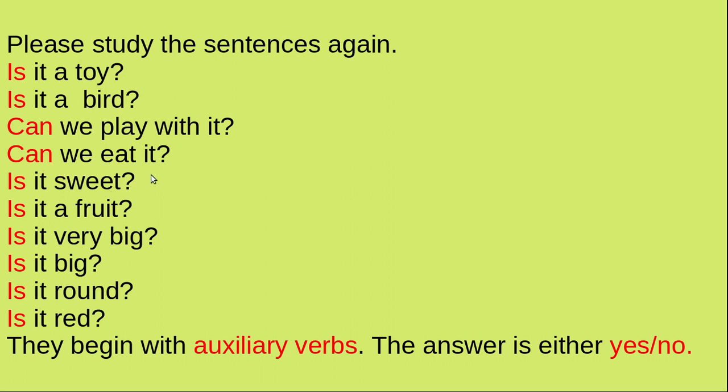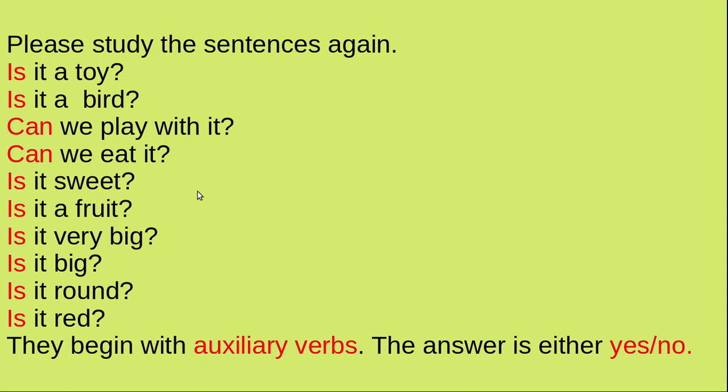Got it? Usually we say a yes or no question in a rising tone. Is it a toy? Is it a bird? Can you play with it? Can we eat it? Is it sweet? In that way we read it. And WH questions are usually read in a falling tone.